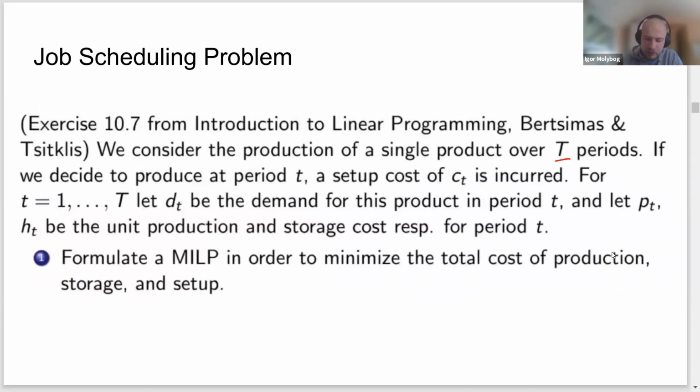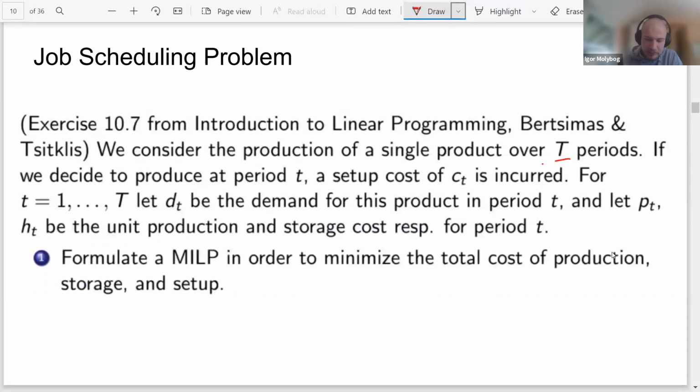So we consider the production of a single product over T periods. If we decide to produce at period T, a setup cost CT is incurred. It was FT in the lecture, but now it's CT, doesn't matter.